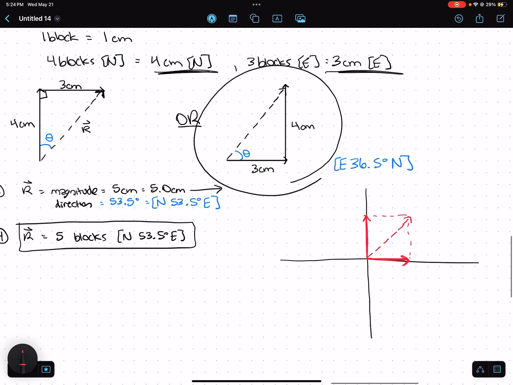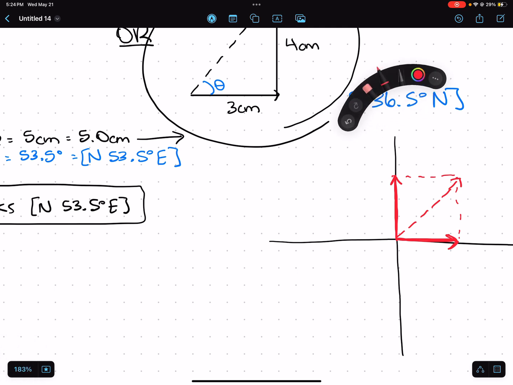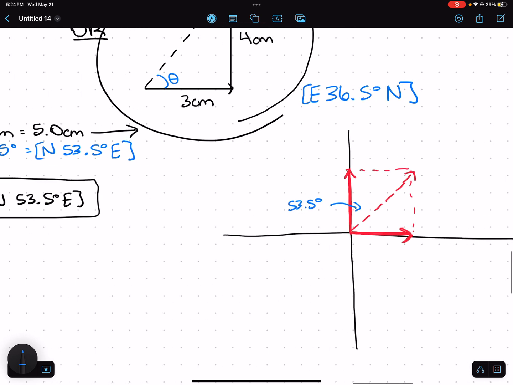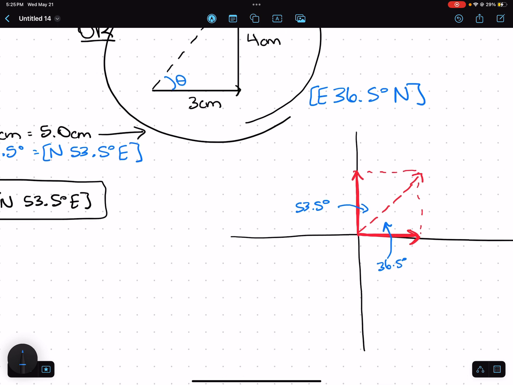Now, if we calculated with our very first triangle and we got this angle inside here to be 53.5 degrees, and then if we use the second triangle, we would get 36.5 degrees. That is the same thing. They are in the same axis. We are just measuring from a different axis point.